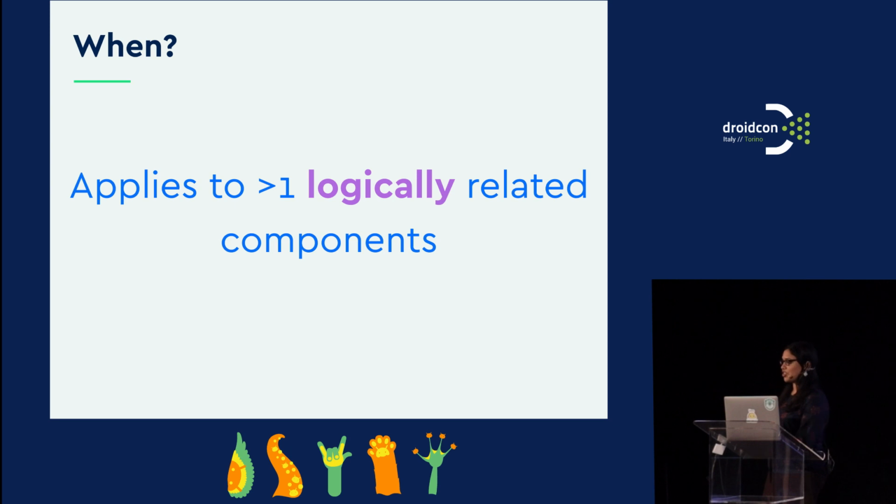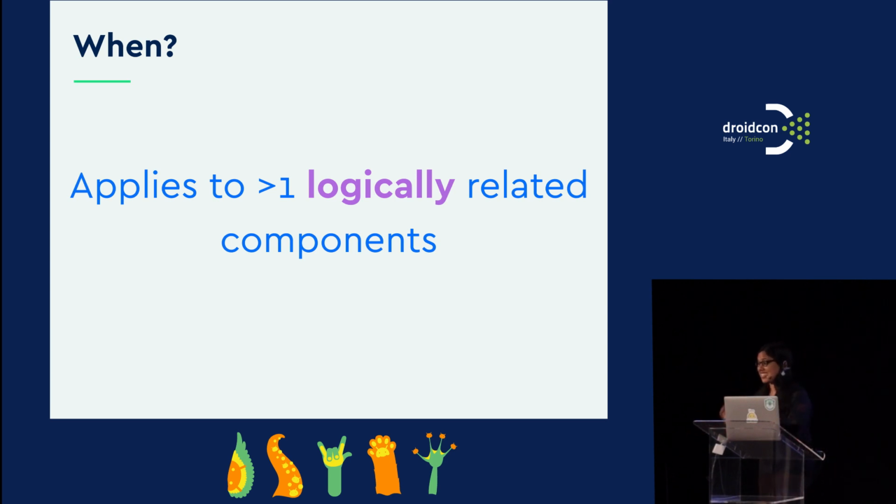You only want to extract styles if it's used in more than one place and in more than one logically related component. And I say logically related component because you might have a card view, you might have a dialog, and they have some of the same values for some attributes. And if you apply the same style to both of them, in the future, if you want to update the look of the card view, it's also going to update the view for the dialog.